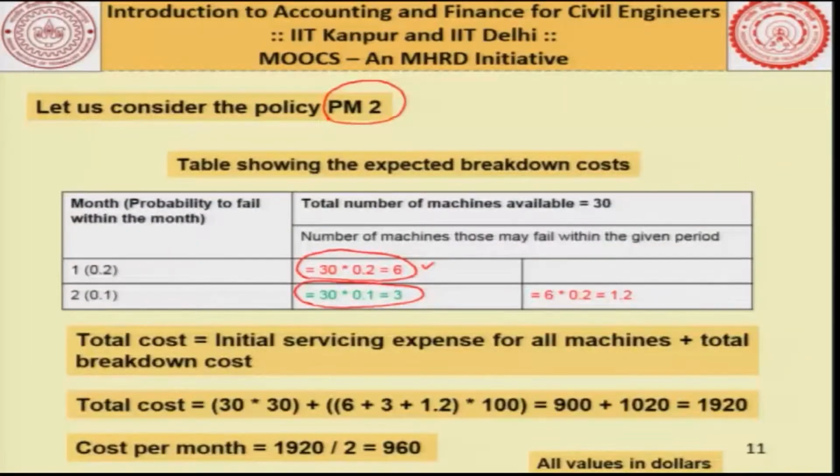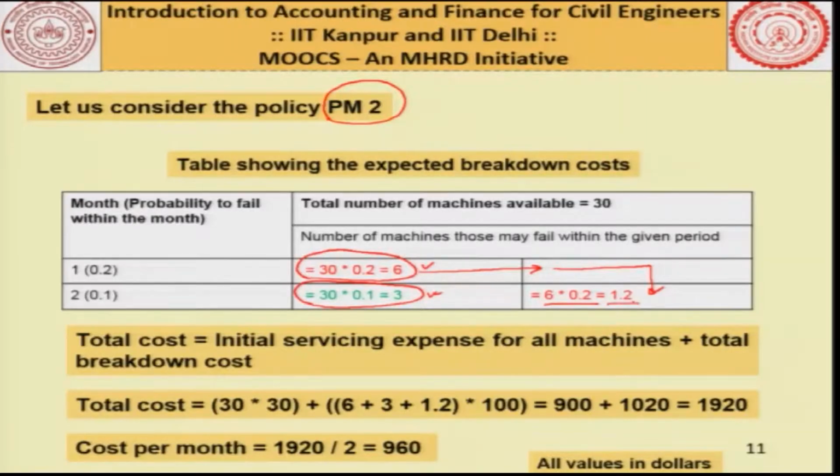So I calculate this as 30 into 0.1, which is 3. Now one thing you have to notice here is that these 6 equipment which you have maintained in this month, 20% of that again may turn out to be under breakdown. So you can see here it is 6 into 0.2. The probability again is 0.2 for failure in case you have maintained it, and it may fail even after 1 month.